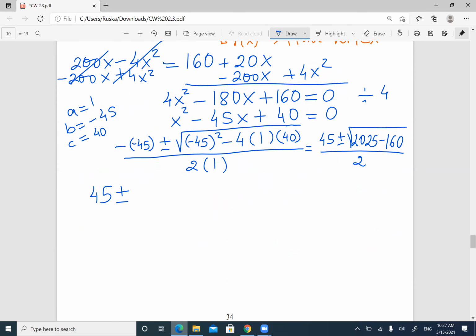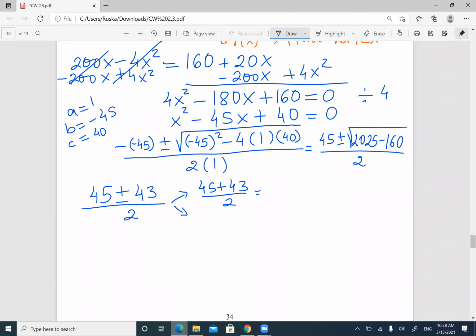So when I subtract 2025 minus 160 and take the square root, it's going to be approximately 43. You round to the whole number, right? Divided by 2. And then from here, we're going to do positive and negative. So I'm going to do 45 plus 43 over 2.